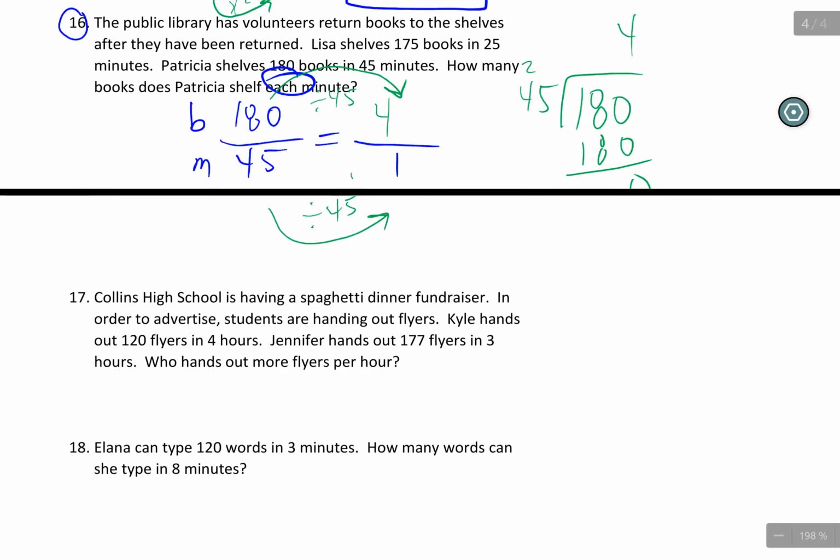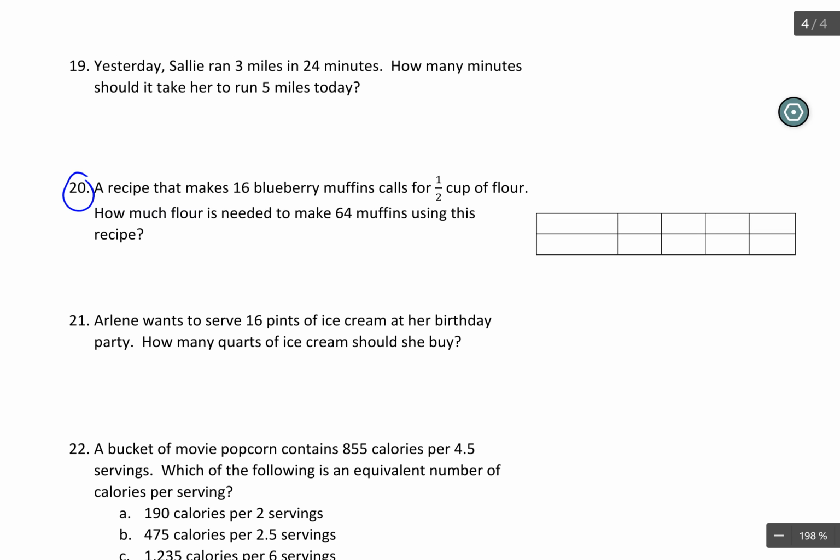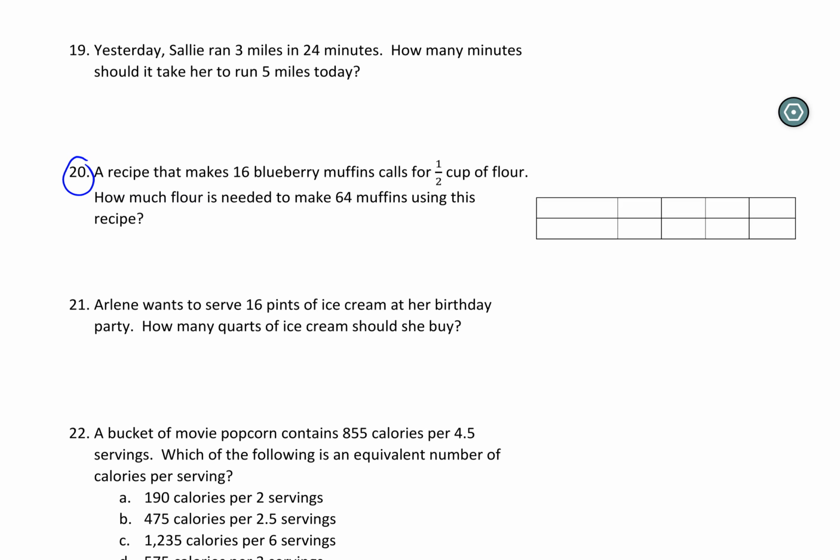Alright, question number 20. A recipe that makes 16 blueberry muffins calls for a half cup of flour. So far we've had this exact question on 2 of our assignments, so this is the 3rd time we're seeing it, and we'll probably see something similar to this on the test. So we'll definitely want to make sure that we know how to do this.